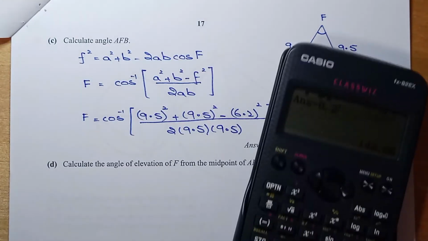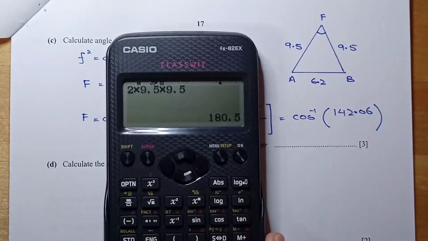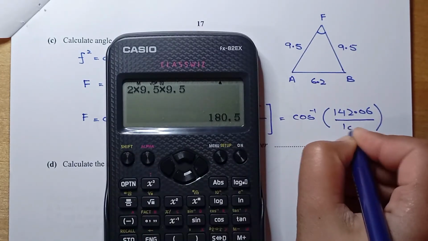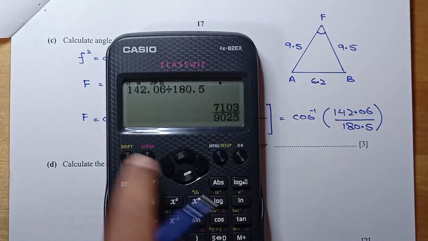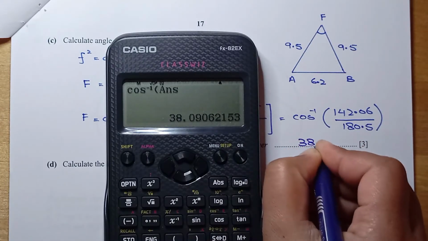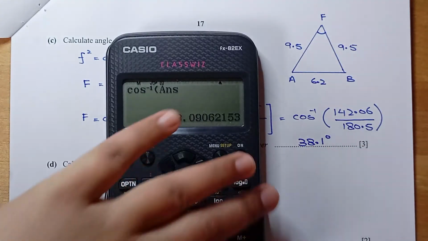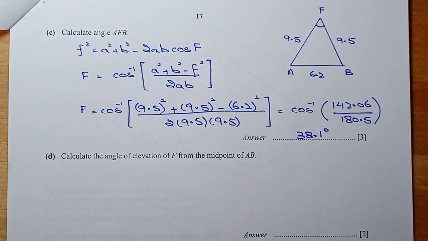Over 2 times 9.5 times 9.5, which is 180.5. Now 142.06 divided by 180.5, and doing cos inverse, this is 38.09, so 38.1 degrees is the angle AFB.